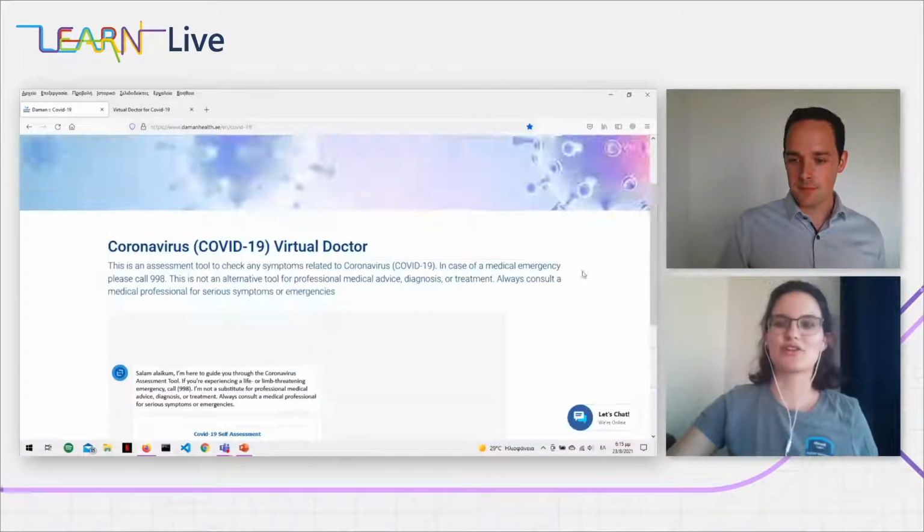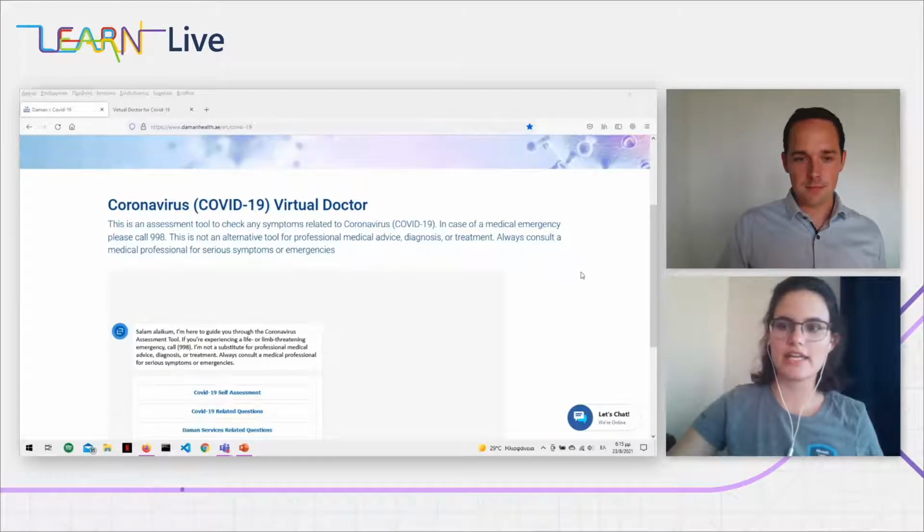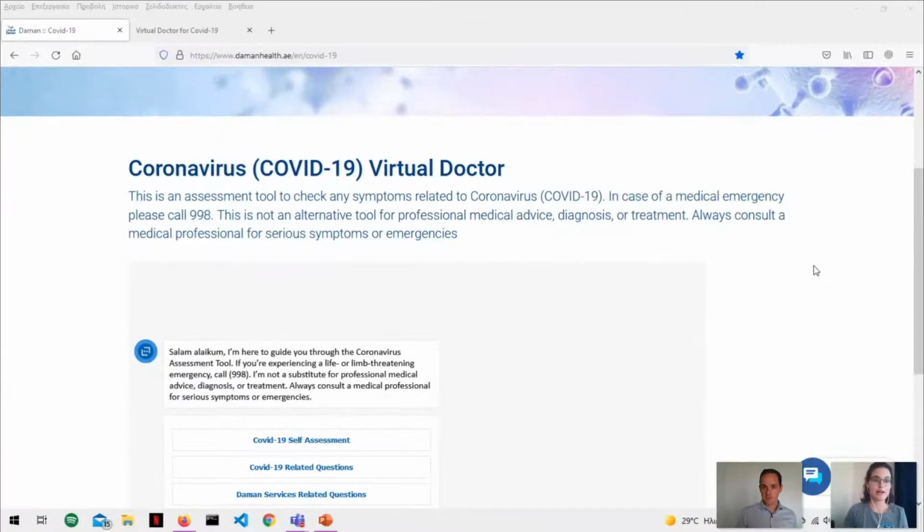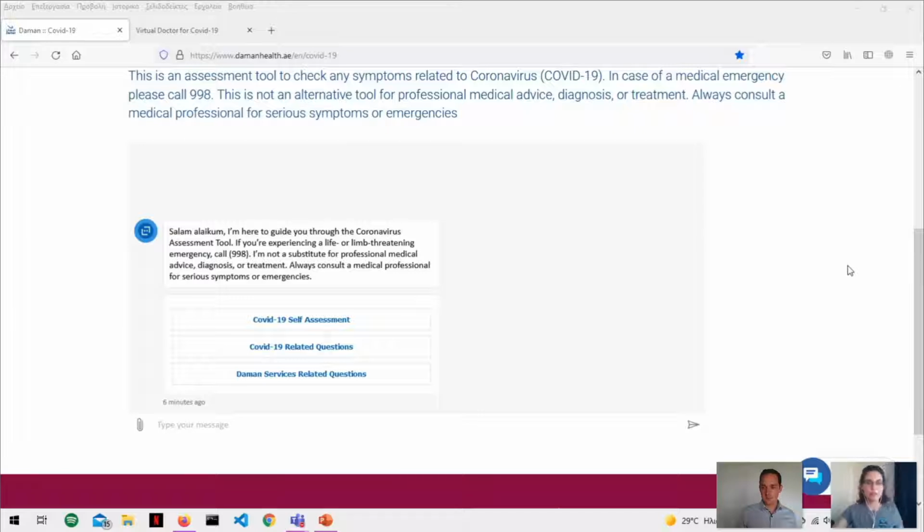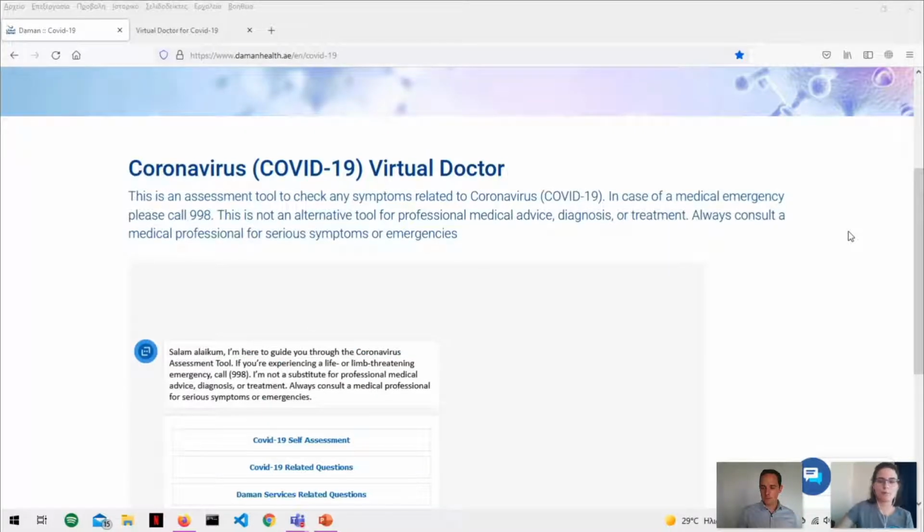All right, so now you can also see the website where the Daman Health Bot is deployed, and now we can see the Health Bot, and it is a coronavirus virtual doctor. It is actually an assessment tool to check any symptoms related to coronavirus.